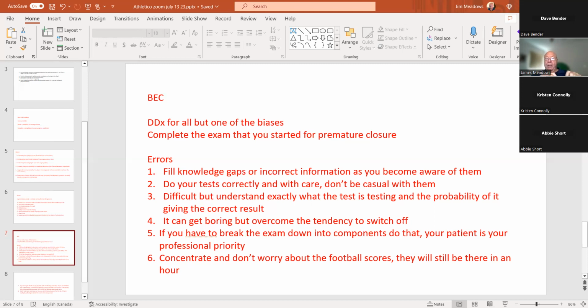Do the test correctly and with care. Don't be casual about them. Now you'll see Dave doing these techniques next weekend, and it's going to look very casual to you, like he's doing them loosely and it's not important. He isn't. He's practiced these enough that he can do it easily with facility, but he's still doing them properly.